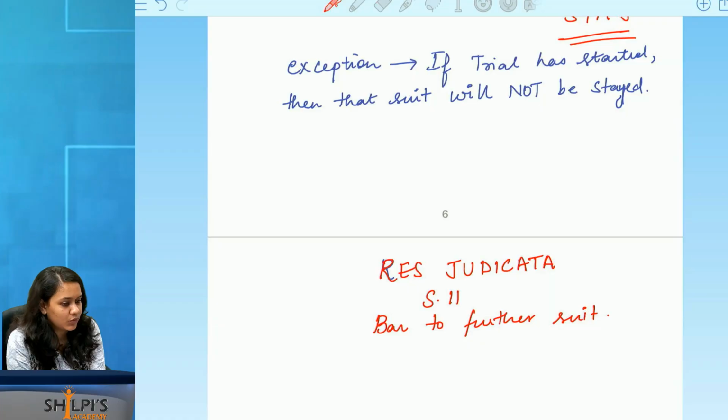Quickly tell me, what do you mean by double jeopardy? Can't be punished twice for the same offence. Where did we see that provision? Which fundamental right? Article 31?